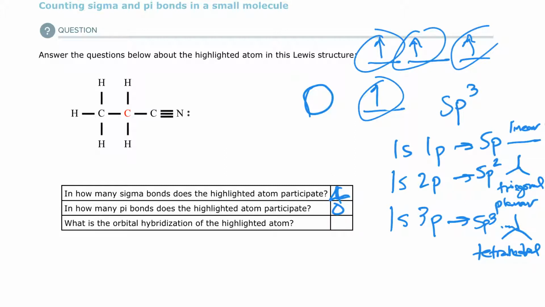And then what is the orbital hybridization of the highlighted atom? Well, how many electron groups do I have touching the carbon? I've got 1, 2, 3, 4. That means I've got 4. 1 plus 3 is 4. So it's going to be an sp3 hybridized orbital.